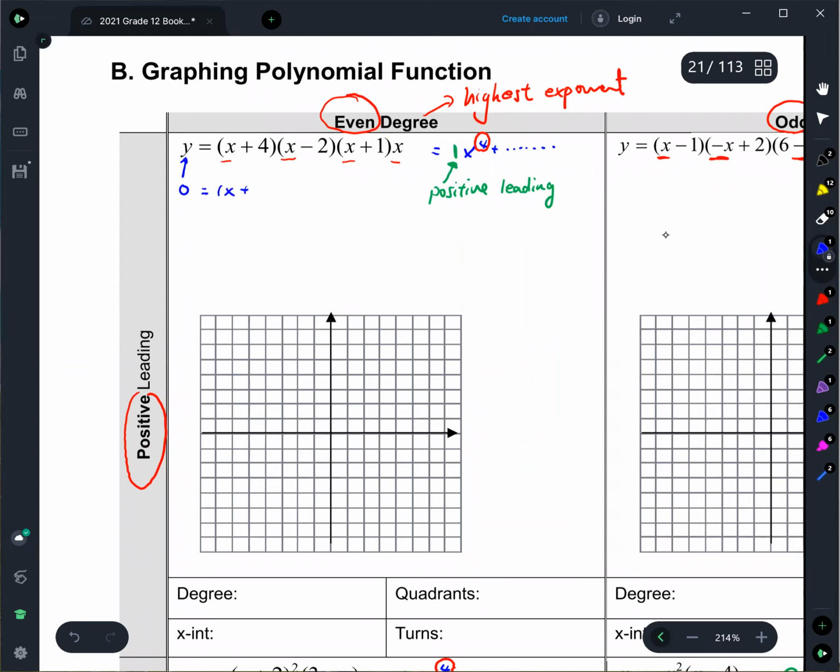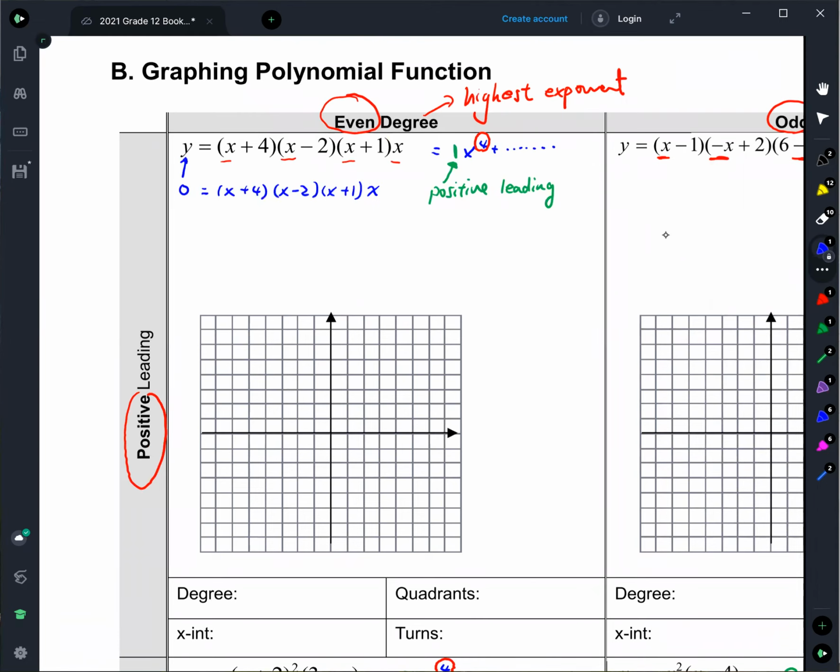x plus 4, x minus 2, x plus 1, and x. This is an equation and we solve each one. So x could be -4, could be 2, could be -1, could be 0.